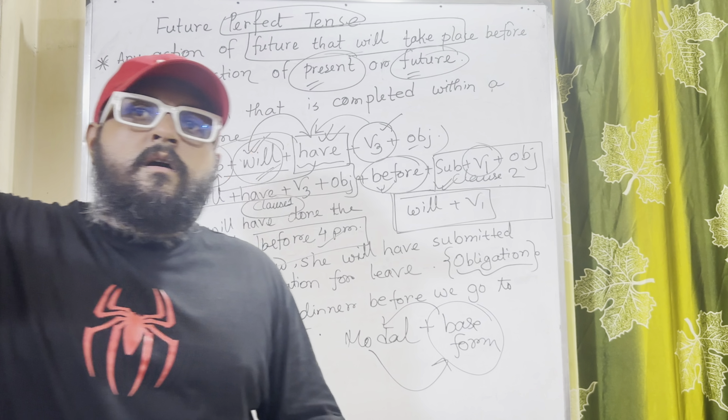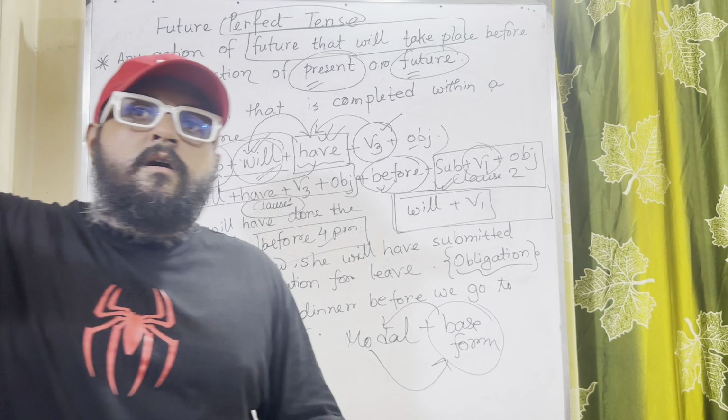And the final one: we will have had dinner before we go to the walking street. So there are two actions. Action one is a future action, and this action will take place before another action that belongs to the present. Or you can write it like this: we will go to the walking street, replacing present indefinite with future indefinite.